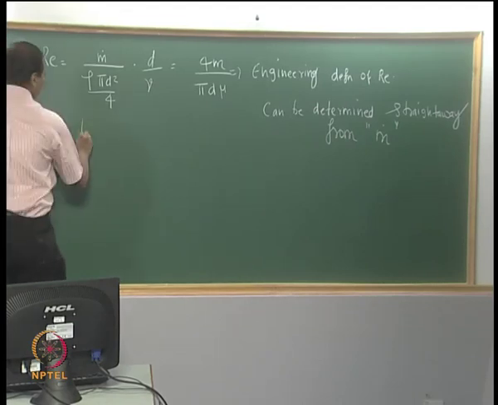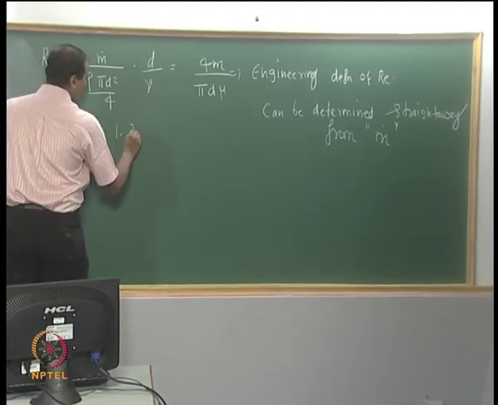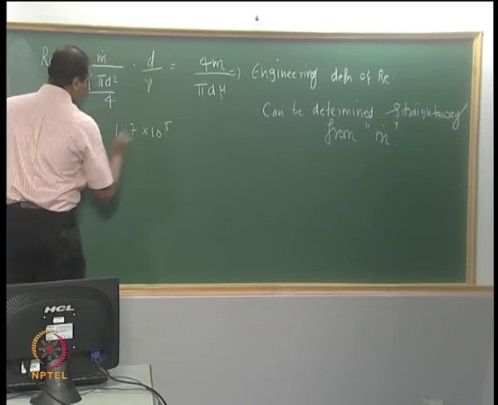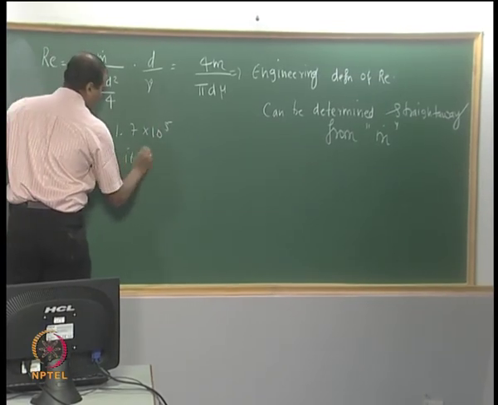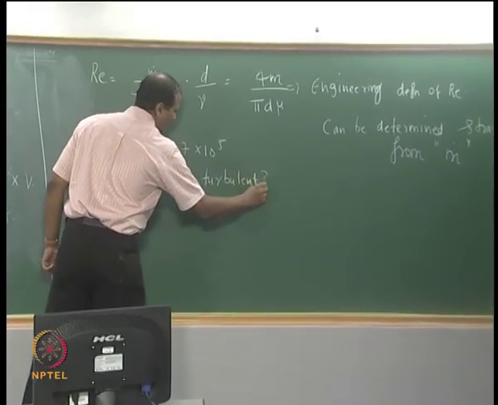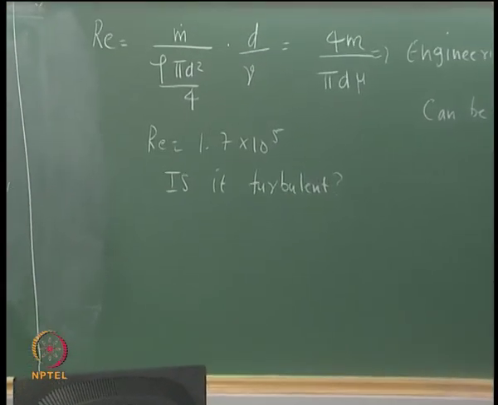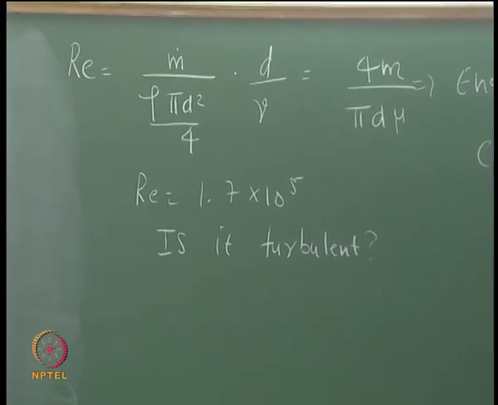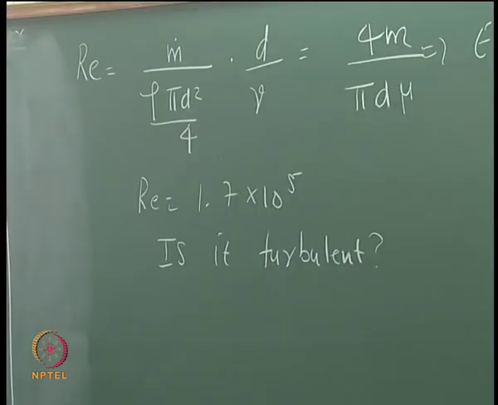Okay. Is it turbulent or not? Yes. What is the limit? 2300. Don't get confused. 5 into 10 to the power of 5 is for flat plate.